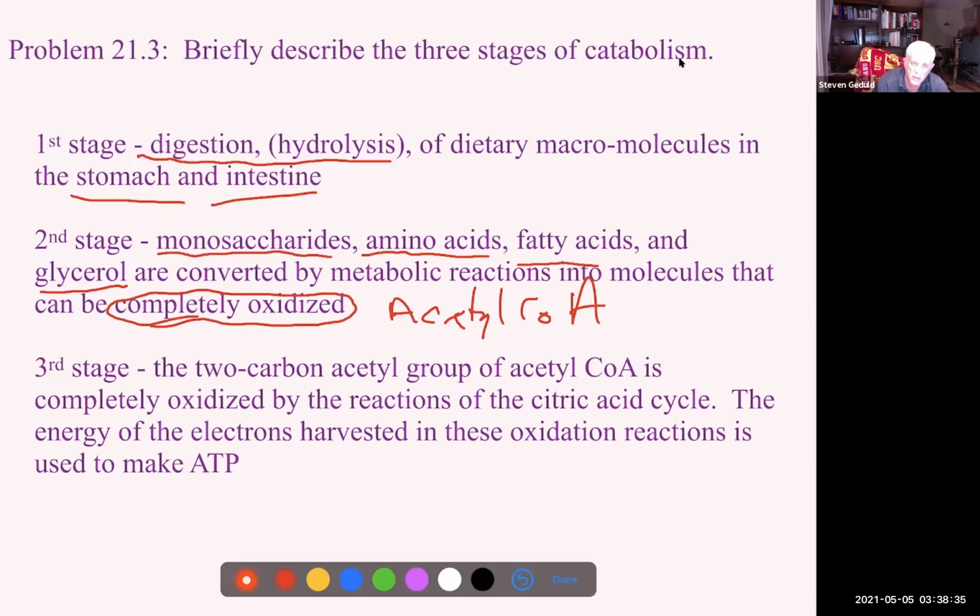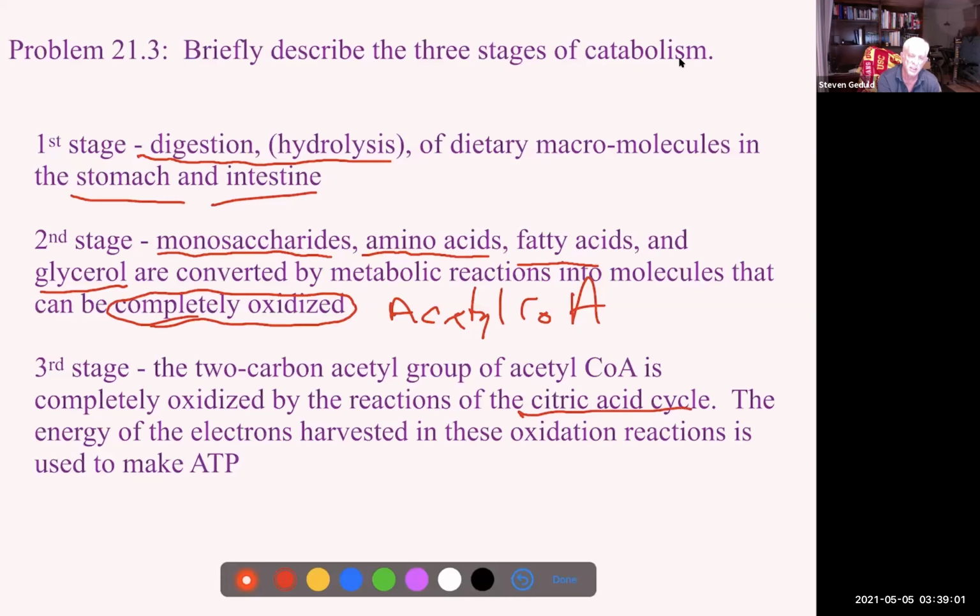Okay. So you take your monosaccharides from your sugar or starches, your amino acids from your proteins, your fatty acids, glycerol from your lipids, and you convert them by metabolic reactions into molecules that we can run through the citric acid cycle. Okay. Then the 2 carbon acetyl groups of acetyl coenzyme A are completely oxidized by the reactions inside the citric acid cycle, spinning through a cycle and producing carbon dioxide.